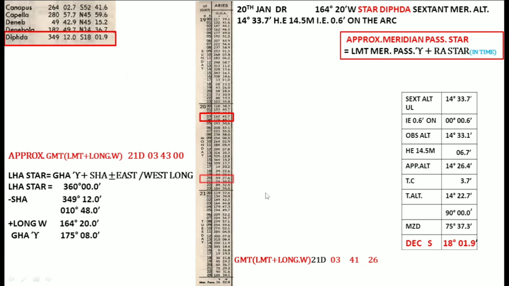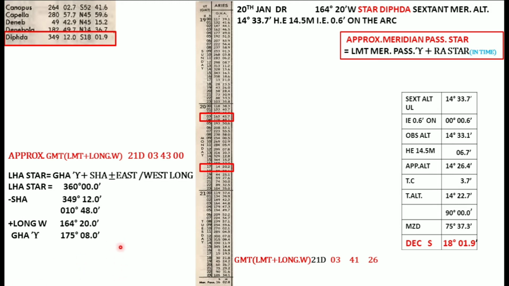But as I told you earlier, I would rather look at what time my Aries is crossing Greenwich. That time the GHA Aries would be 0, which is between 17 and 1800 hours here. Being west, I should be looking at the time after this time rather than earlier. Of course, for the examination, you'll have to continue solving the whole sum and then say that the date has changed.